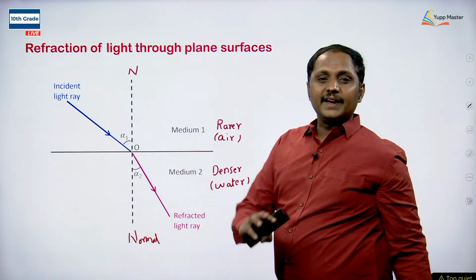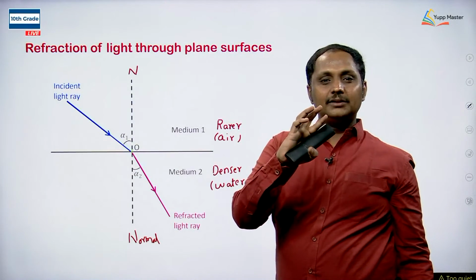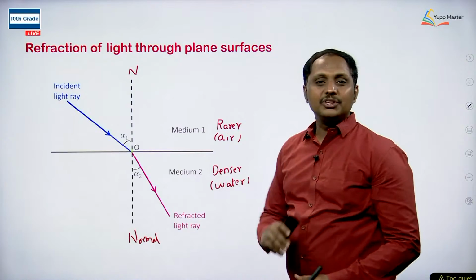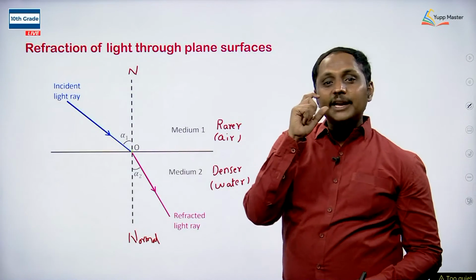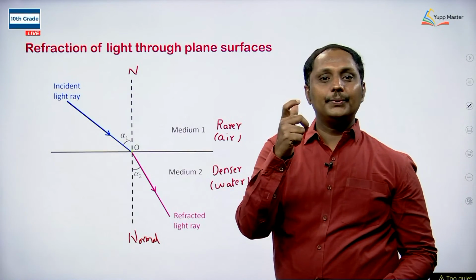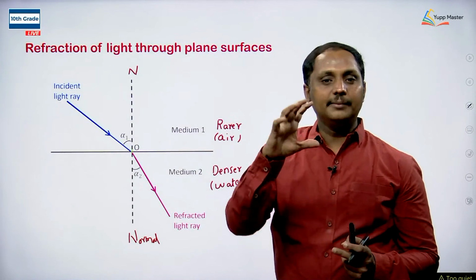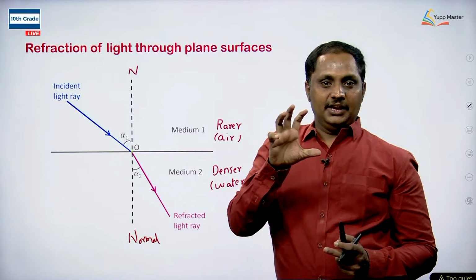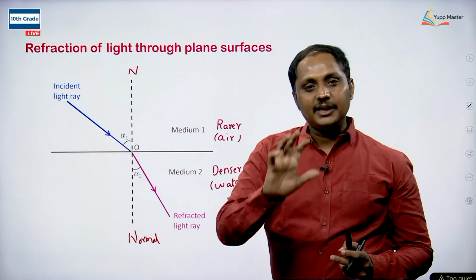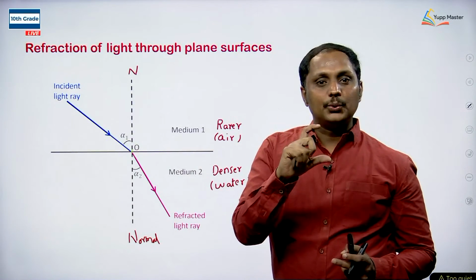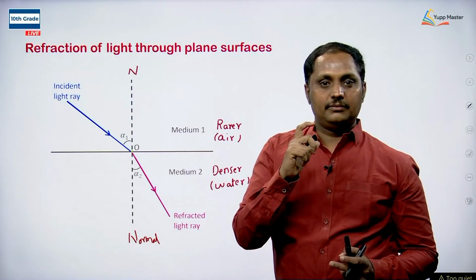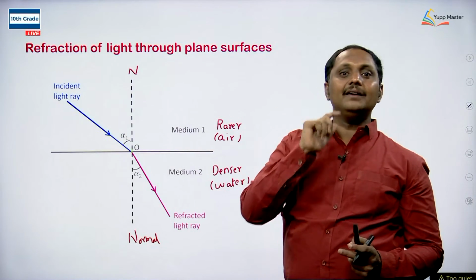How will you decide between two media which is rarer and which is denser? The speed of light is more in the rarer medium. Between medium A and medium B, in which one is the speed of light more? You will confirm it is the rarer medium.